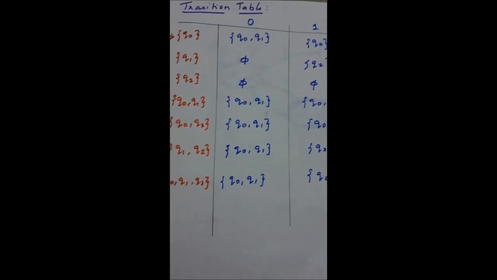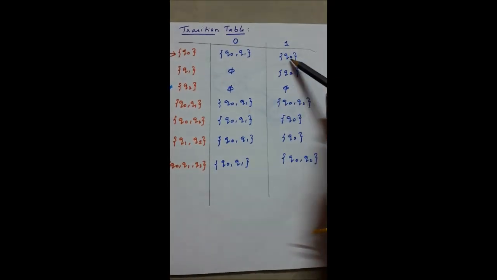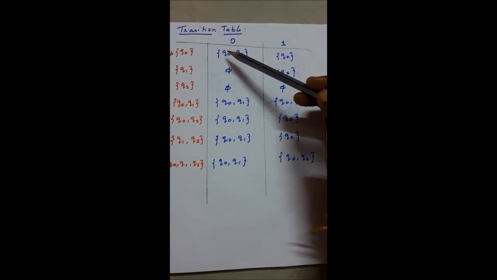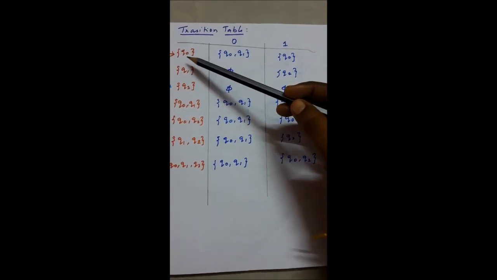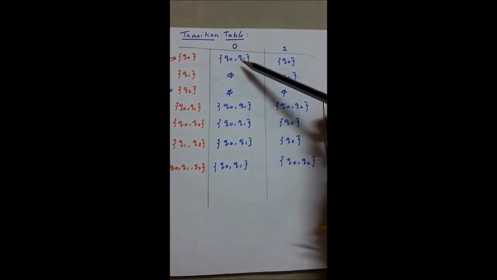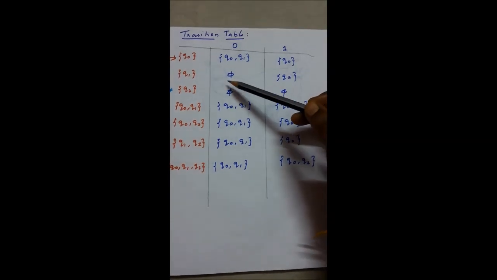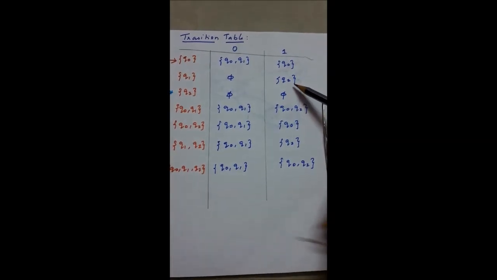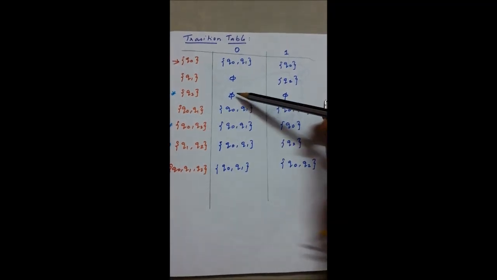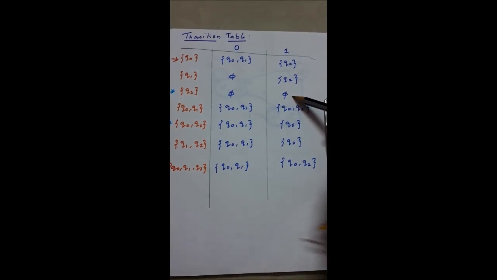So by our transition function, I have listed all the output values that we got before. So for Q0, on input 0 we got Q0Q1, and for 1 we got Q0. For the phi value, it is Q2, and for Q2, if we give the input as 0 it is phi, and if we give 1, then phi.